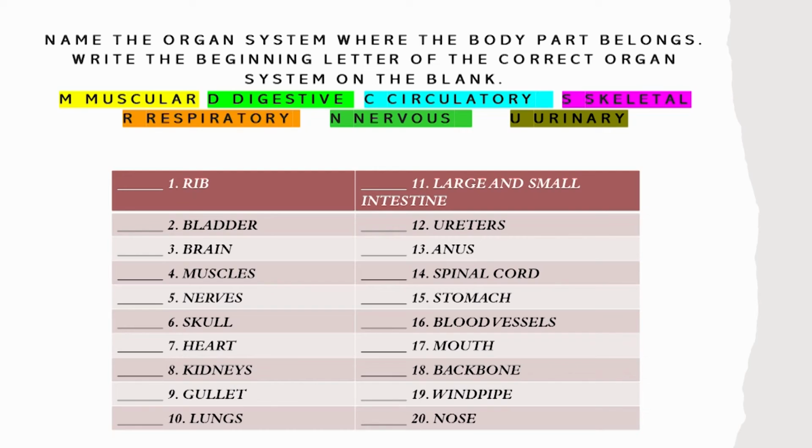In this case: M for muscular, D for digestive, C for circulatory, S for skeletal, R for respiratory, N for nervous, U for urinary. Okay, you have only seconds for getting the information, right?